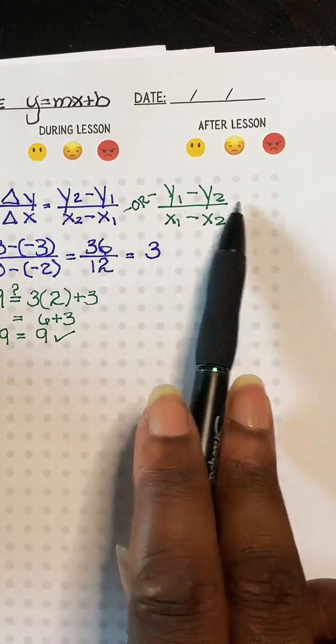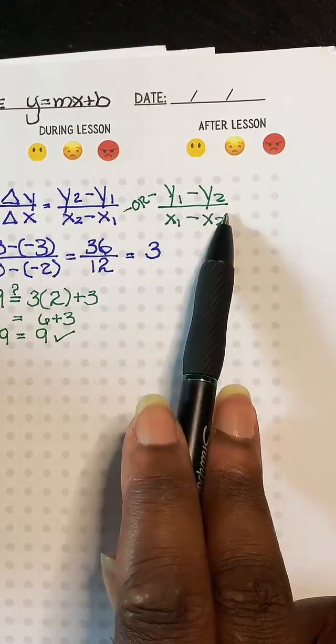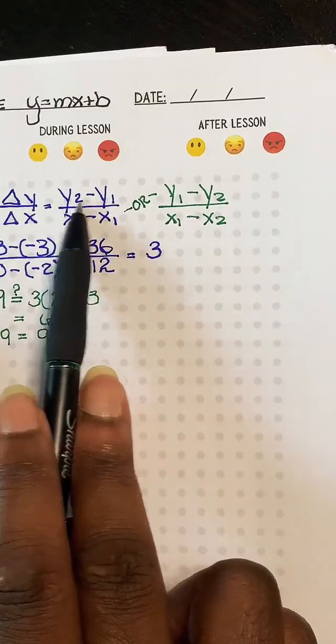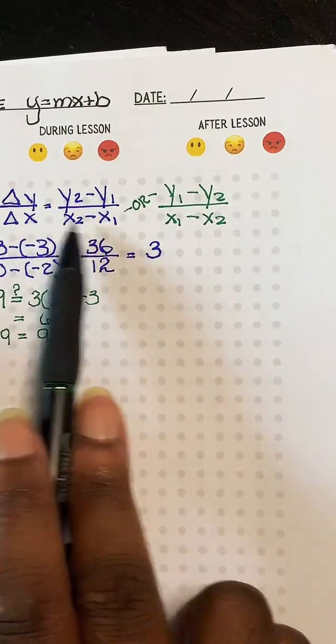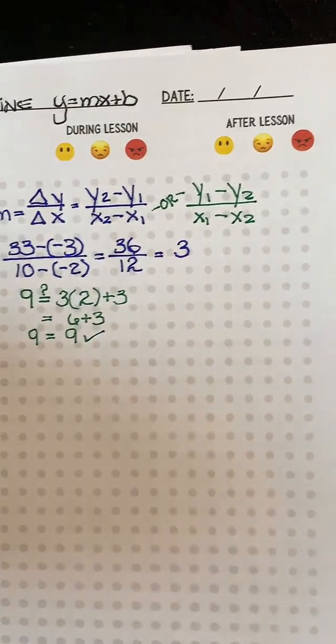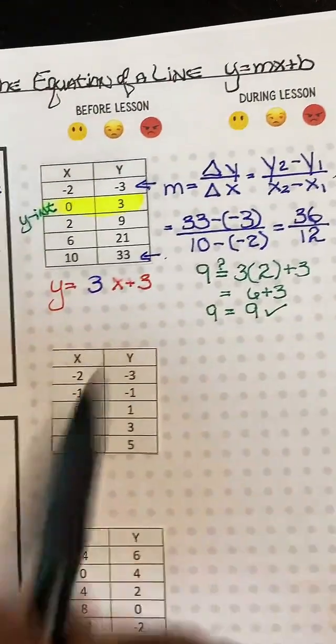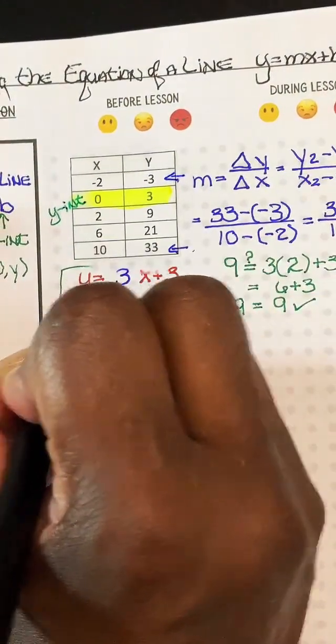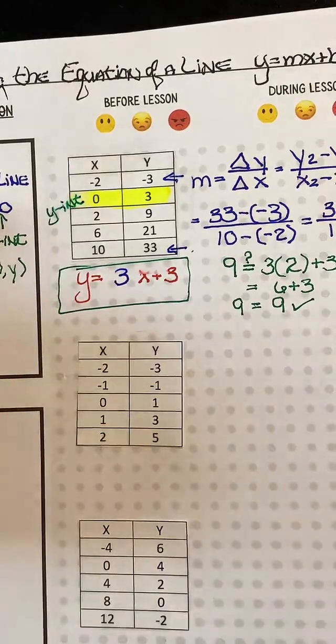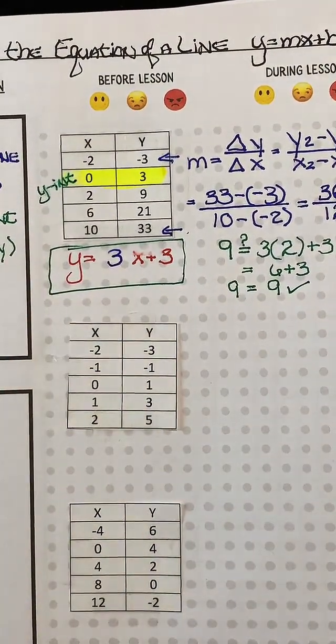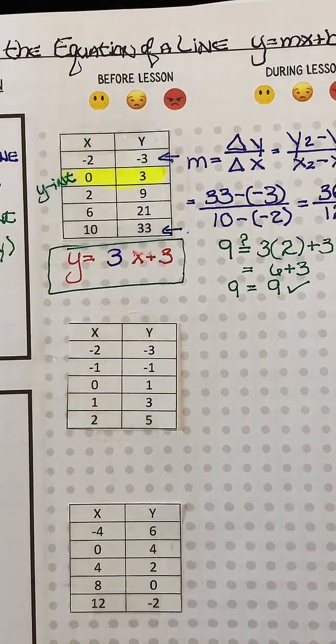It doesn't matter as long as you keep with the same pattern. But remember, it's the difference of your y's over the difference of your x's. And this is how you get your equation of the line. Nothing too crazy.